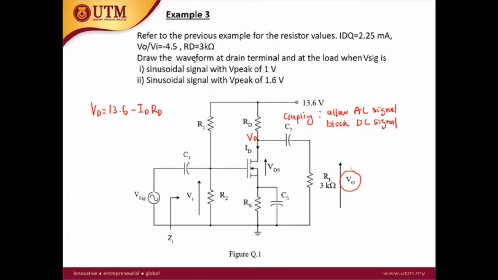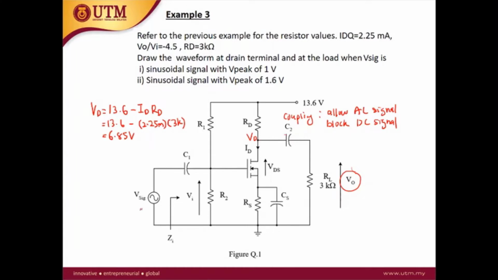For this example, we consider the IDQ is 2.25 milli and RD is 3K. So this will give you the DC voltage at the drain point of 6.85.